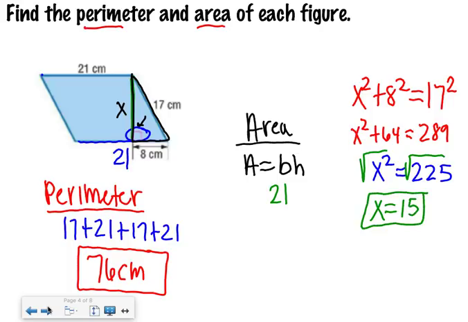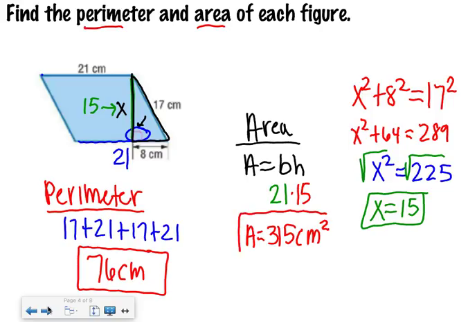Okay, so now that I've found my height is 15, let's go back over here to our formula, times 15. 21 times 15 gives us a total of 315 centimeters. And remember, it's area, so it's squared. That's how many square centimeters are in that shape.